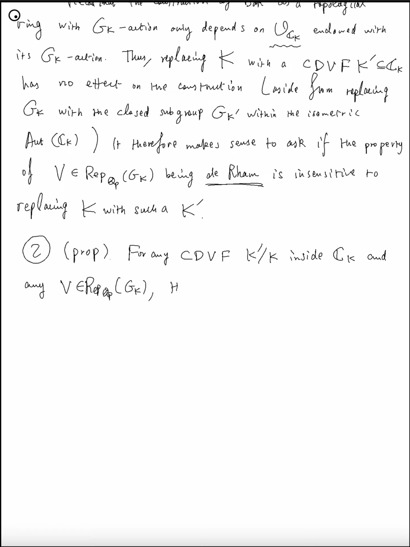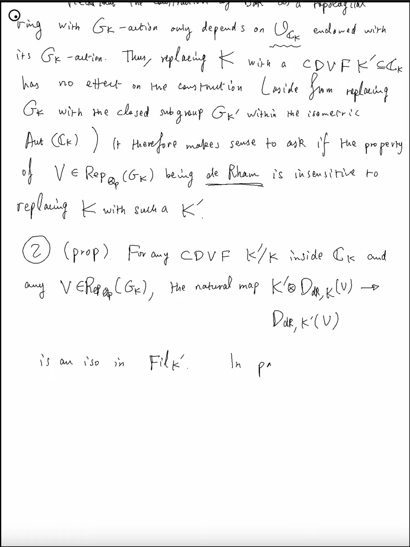the natural map K prime tensor with D_dR(V), that is D_dR,K(V), maps to D_dR,K prime(V). This is just to make precise what the K is. It is an isomorphism of filtered K prime vector spaces.